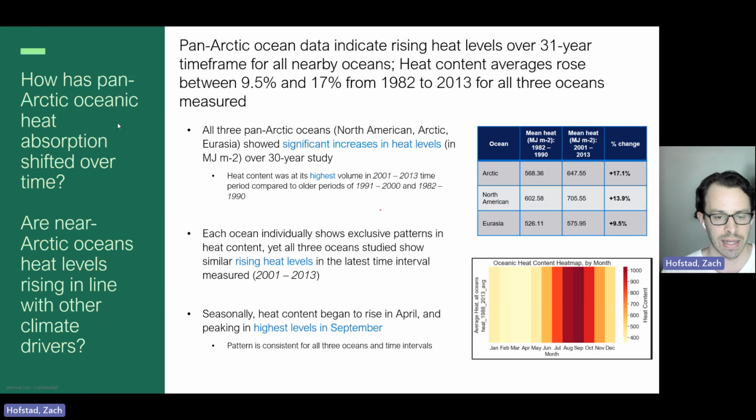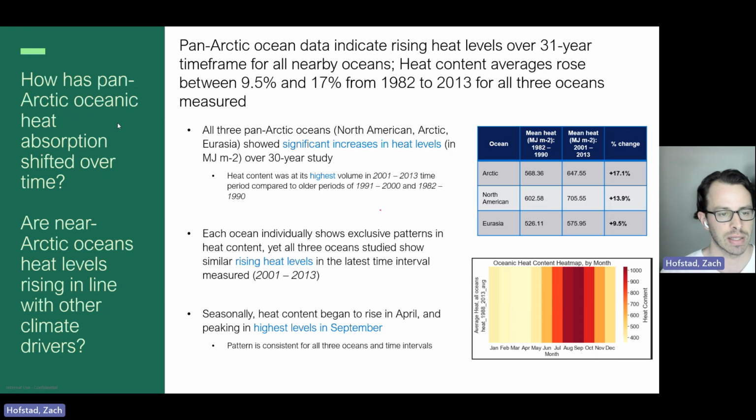The data shows that the heat levels in all three oceans tend to increase starting in April and May, peaking in September at its highest and warmest, and start to fall in October. So that pattern is consistent with all three oceans and all three time intervals of the analysis. So 1982 through 1990, 91 through 2000, and 2001 to 2013.